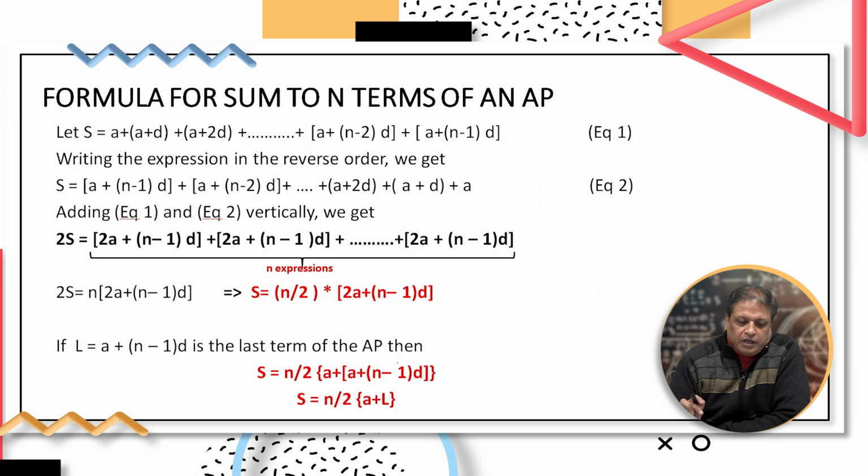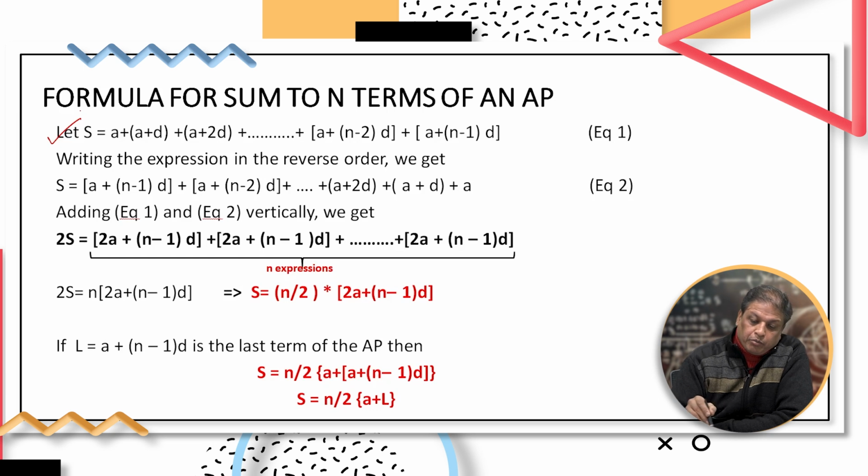Now, let us extend our discussion to the formula for the sum of n terms of an arithmetic progression. We already learned that S is in fact the sum of the terms.